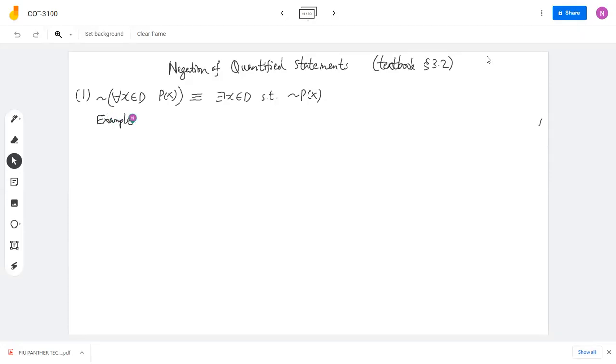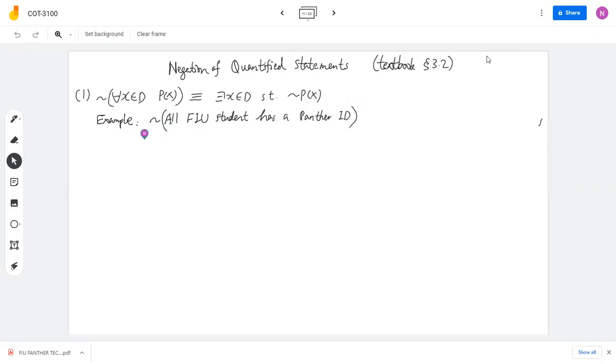Suppose we look at this example: all FIU students have a Panther ID. And the negation of this quantified statement will be the opposite of this one. Therefore, what is the negation of this?